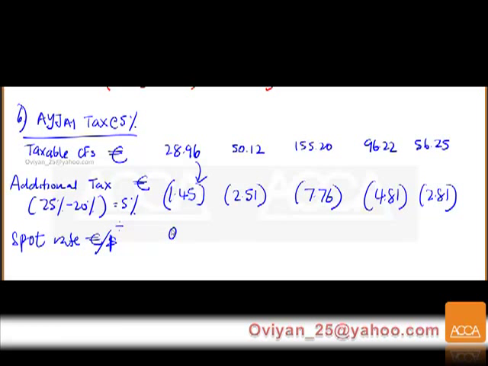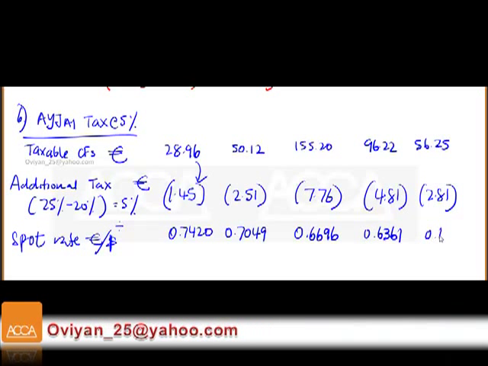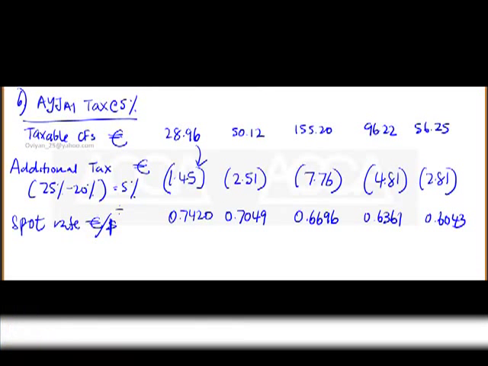You're going to have to divide with 0.7420, 7049, 6696, and you're going to get 6361, 6043. Okay, and you're going to have in dollar million.